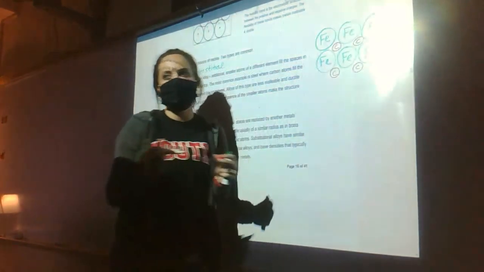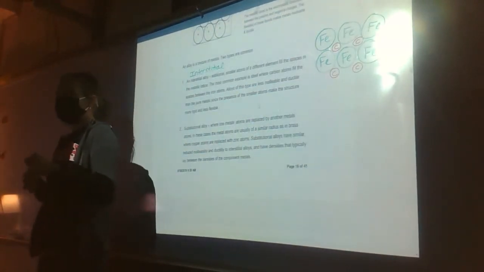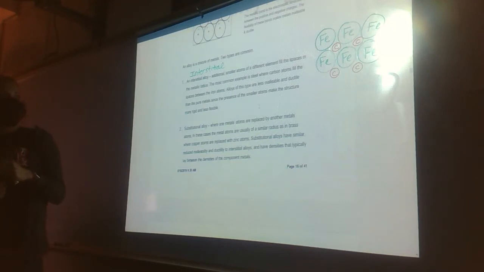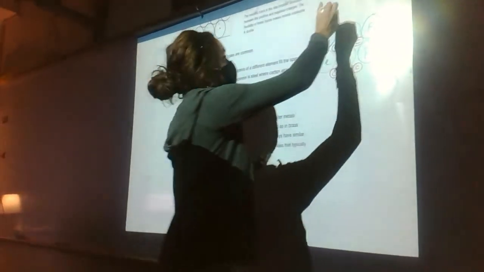Little tiny carbon stuffs itself in between the iron to make an interstitial alloy. This interstitial alloy is called steel. This is steel.